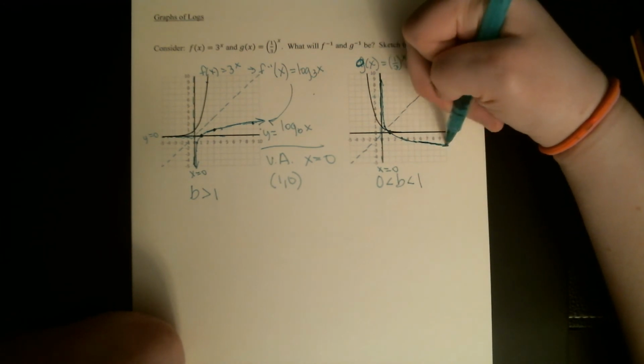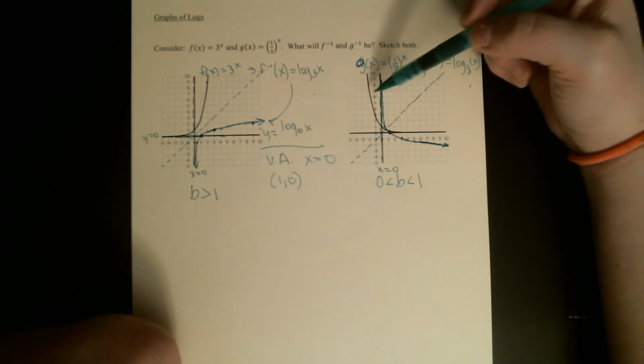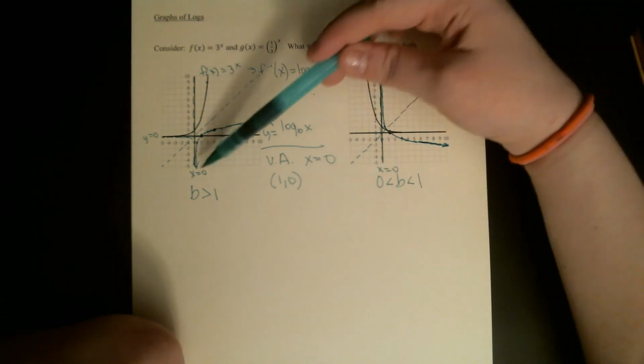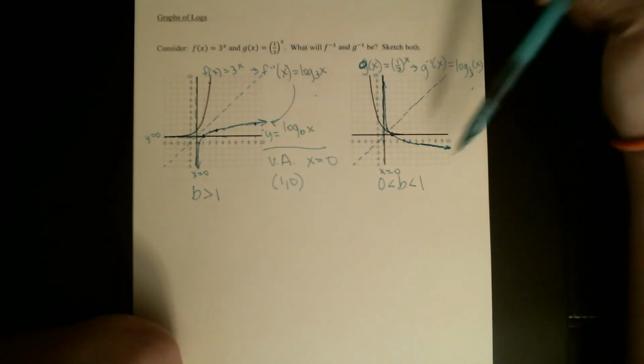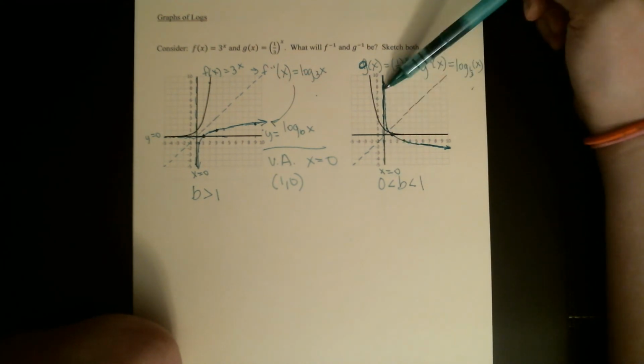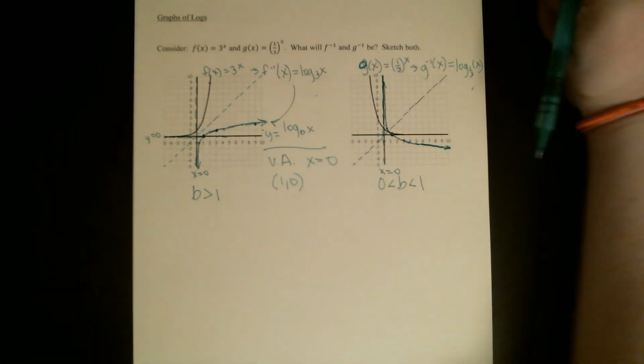See if I can get that to happen. There we go. It can almost get a little distracting looking at the log with the exponential, but what I would like you to see is that the log shapes, just like the exponential shapes, are really the same shape. In this case, it's a flip over the x-axis. If you flip this one upside down, you will get exactly this graph.